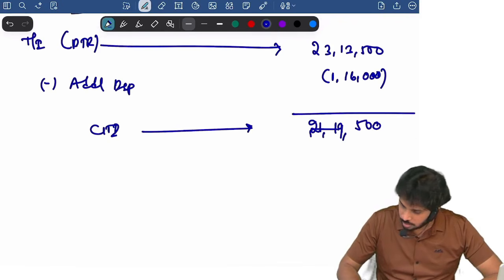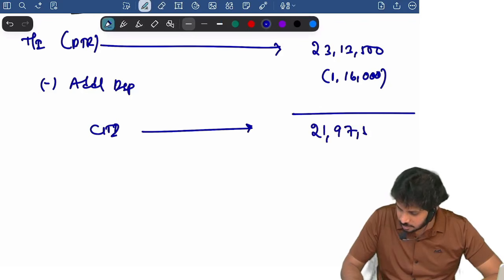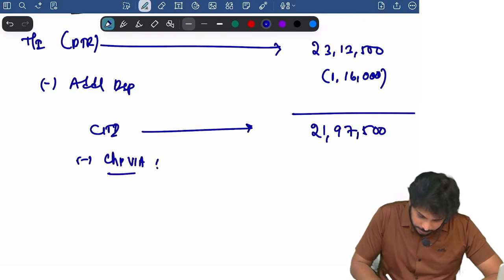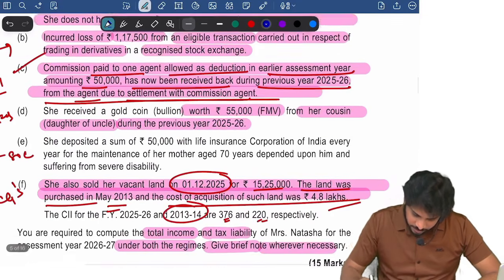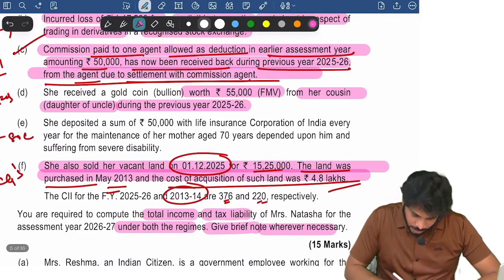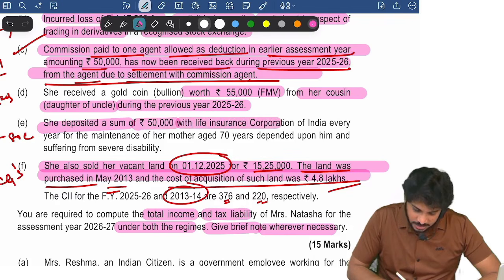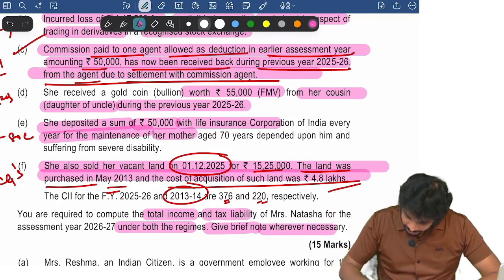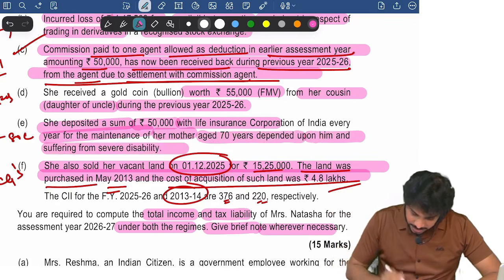Sorry. 21,97,500 minus chapter 6A. There is only one deduction for her. Correct? She deposited 50,000 with LIC for maintenance of her mother. No deduction. Wait. Aged 70 years, dependent upon him and suffering from severe disability.